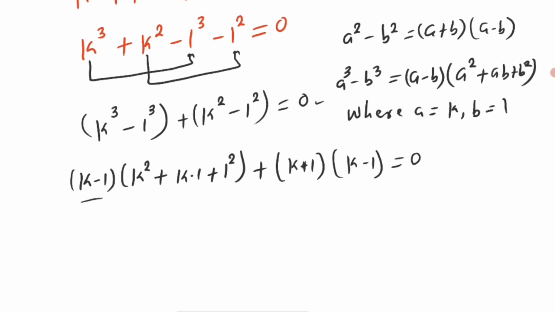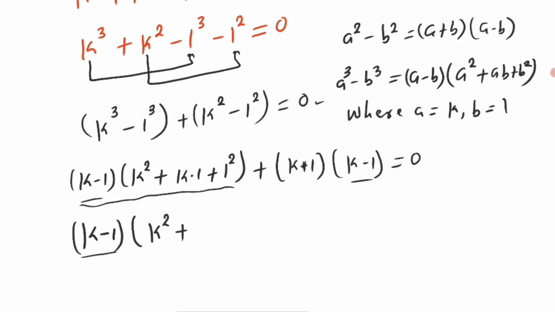Here you can see that k minus 1 is common. Let's bring it out. This is k minus 1 bracket. If you divide the whole of this by this, we have k square plus k multiplied by 1. This is k plus 1 square. That is 1.